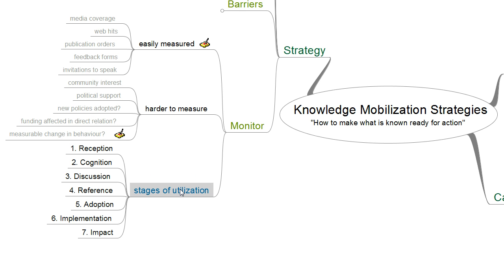So you can see from people being receptive to a new way of doing things to actually understanding what benefits that gives them, to them discussing ways of perhaps improving a process even further, and then ultimately the amount of adoption that you can generate for a process and the impact that has on the way that knowledge is used. Stages of utilization.